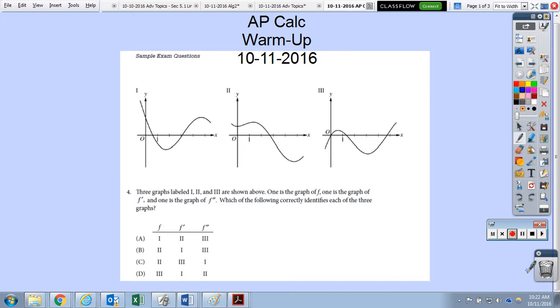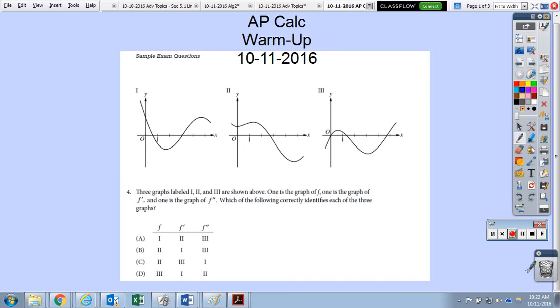So do these other two graphs, 2 and 3, show negative values from 0 till about 1.5 or 1 3/4? 2 starts off positive, so that could not be f prime if this is f.